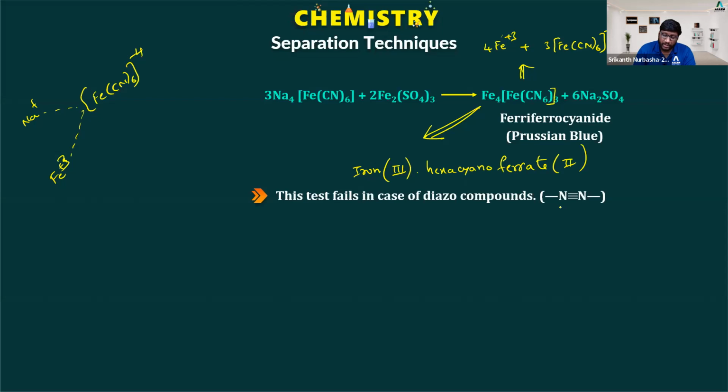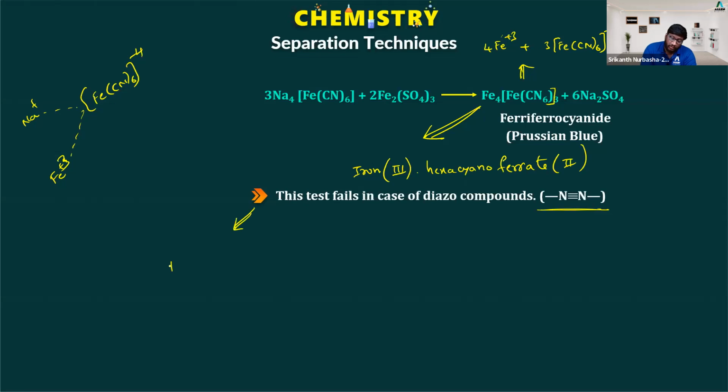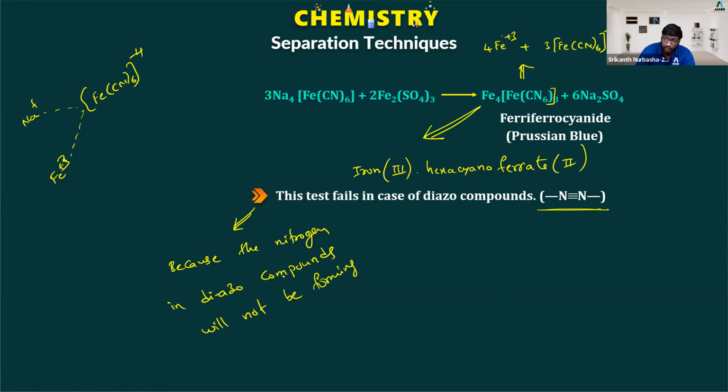This test fails in the case of diazo compounds, where nitrogen is connected by N double bond and N triple bond, and in that case this test is going to fail. Why? Because the nitrogen of diazo compounds will not form the CN- ion, because we need NaCN, right?